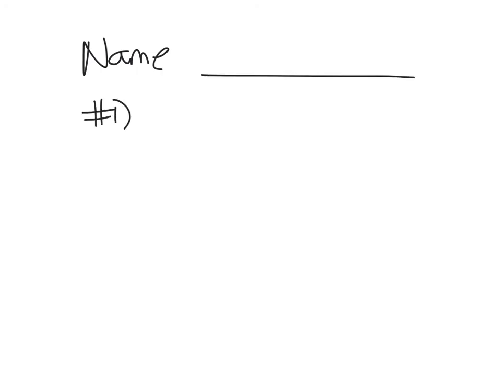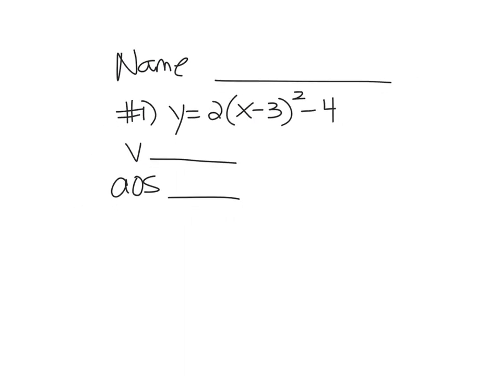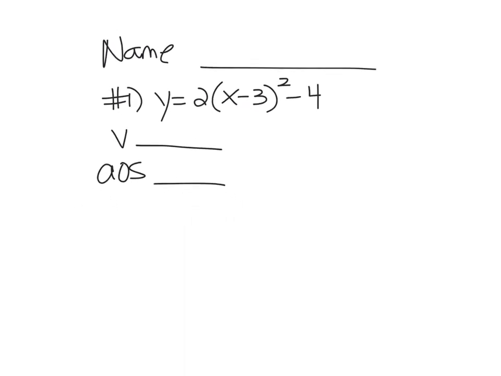So number 1, I want you to do y equals 2 times (x minus 3) squared minus 4. Okay? And I want you to find the vertex, the axis of symmetry, the maximum or minimum, whichever one it is.